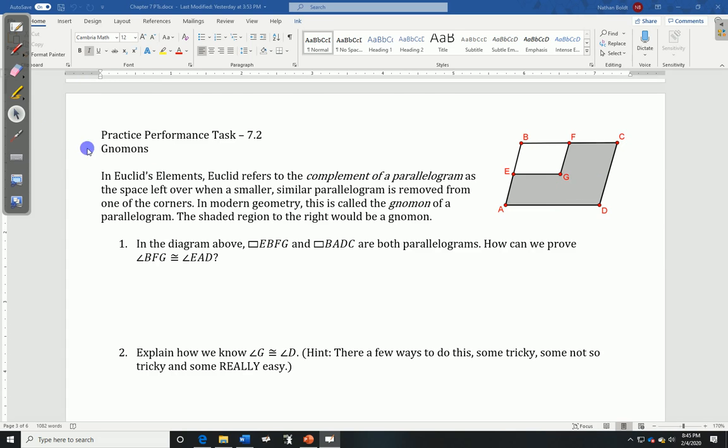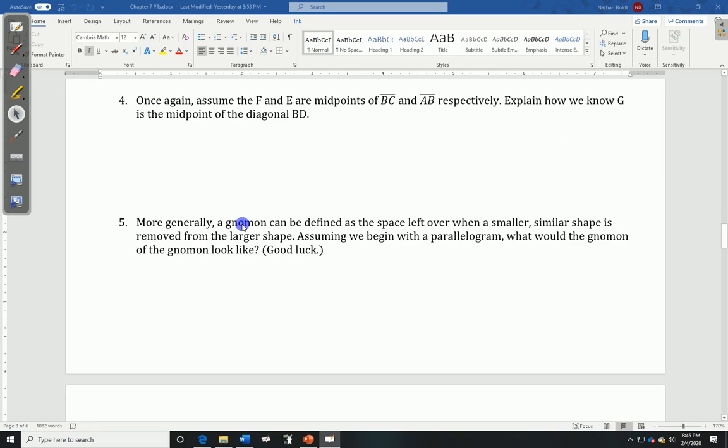All right, number 5, the last one. This one is just kind of fun to do. Do some drawing if you've made it this far. What would a gnomon of a gnomon look like? Remember, you're just cutting out a similar shape. A gnomon looks something like this. There's the gnomon, I believe.